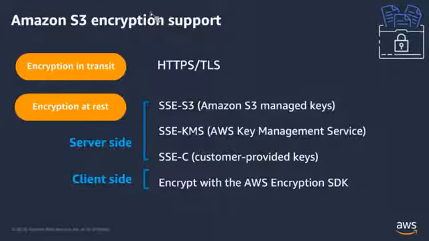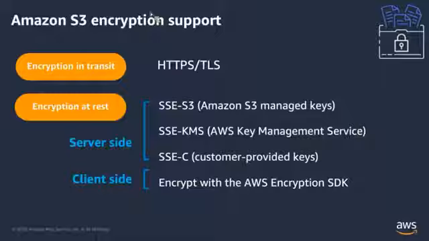Now, encryption at rest, we also break down into two categories. You have client-side encryption, which is where you encrypt the data before sending to S3. You can use the AWS Encryption SDK to take advantage of the AWS Key Management Service, or KMS, in order to manage your keys, rather than having to manage them yourself. On the server side, we break this down into three categories. We have SSE-S3, where the S3 service itself manages the key rotation.